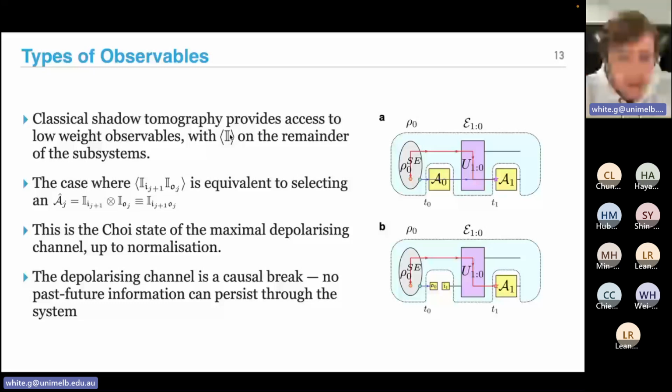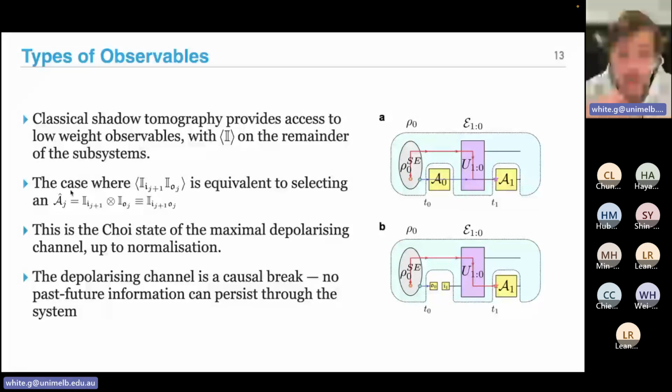Now, what actually happens is that it turns out that the identity operation, so the identity acting on some output followed by some input, you can think of this as being equivalent to tracing over the output of a system, so tracing over a system and then preparing a maximally mixed state.